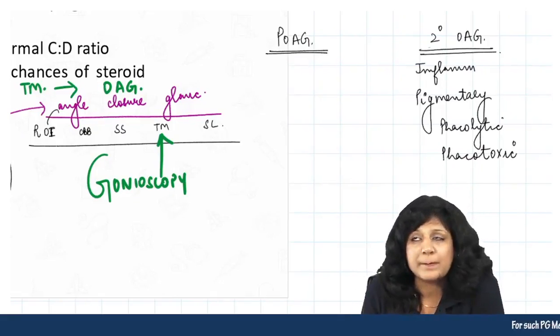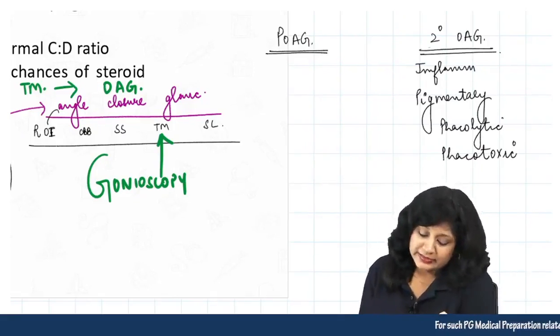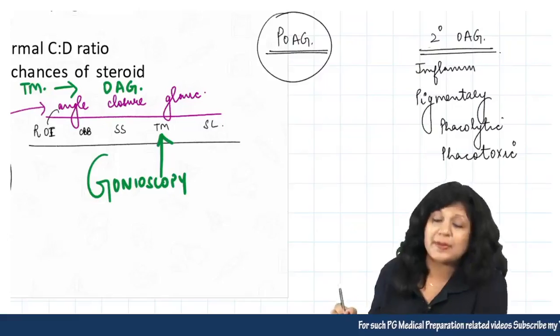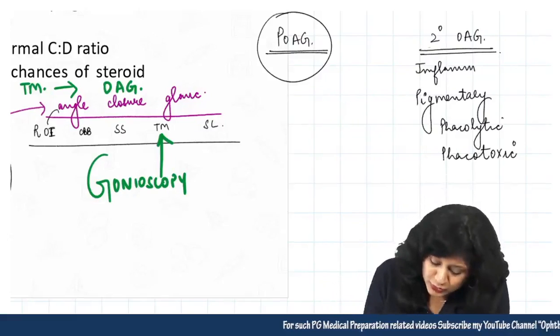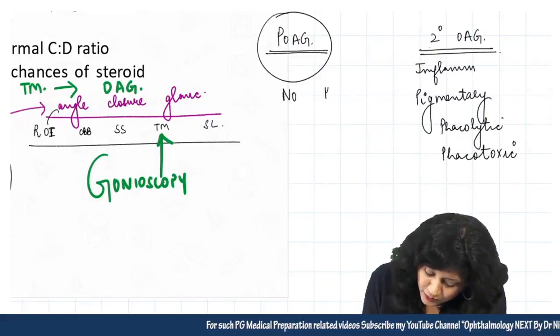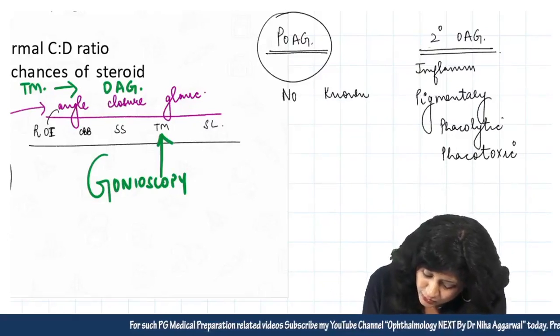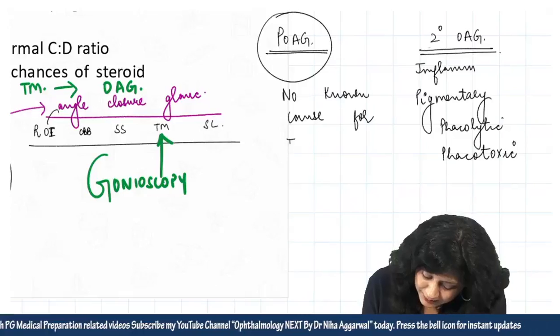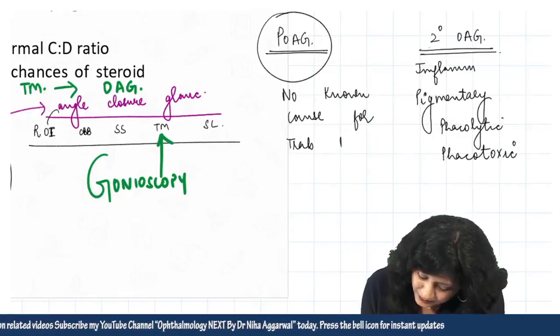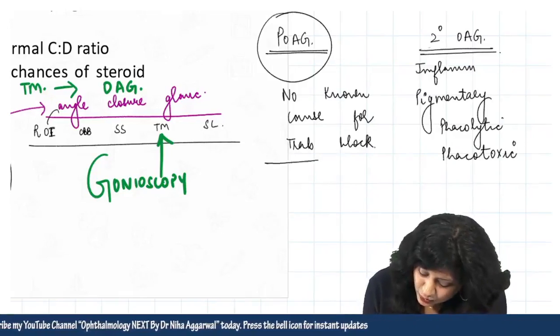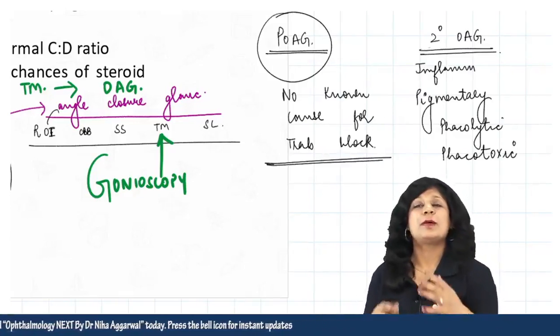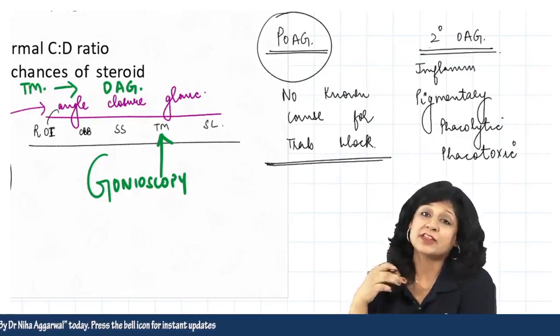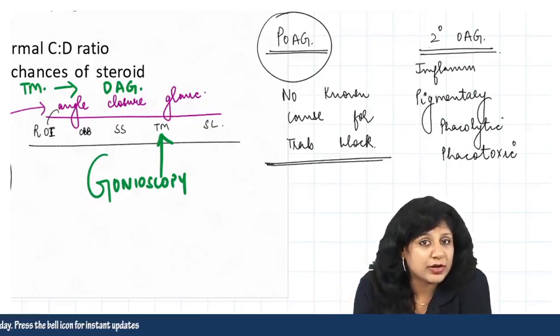Second important thing is that when I'm talking about the primary open angle glaucoma, you have no known cause for the trabecular blockade. So I am not able to see any blockade. Otherwise too, I am not able to see the blockade on gonioscopy. I am able to see only the trabecular meshwork.